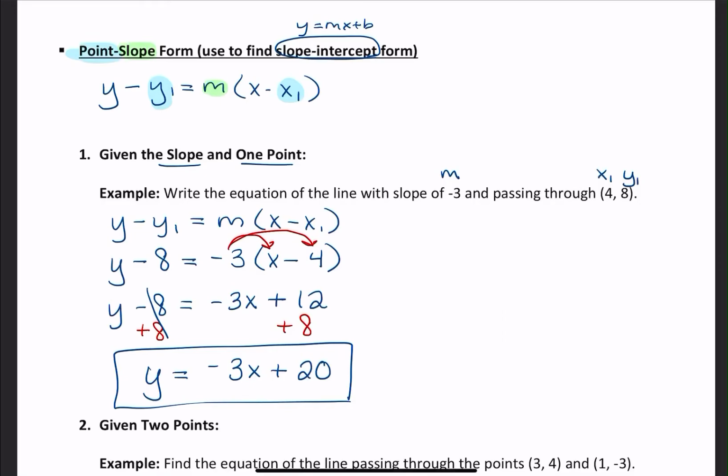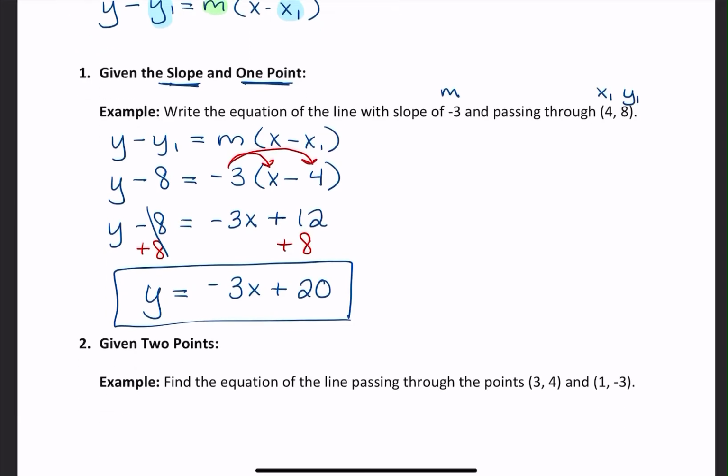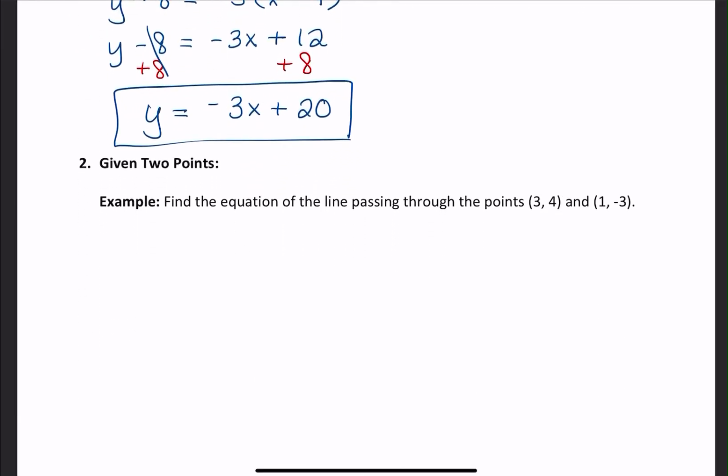Now the other situation, instead of giving you the slope and one point, sometimes they'll just give you 2 points. But we're going to do the same thing. We just, before we can plug into the point slope form, we've got to find the slope. So here I'm going to label my points again.